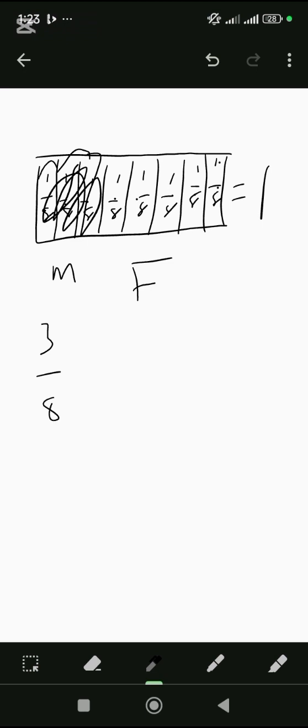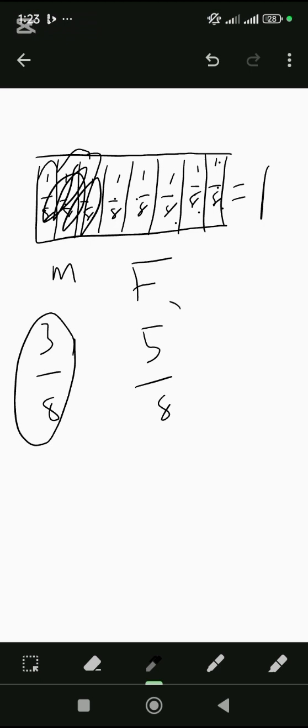The fraction of females that receive the bread will be 5/8, because 3 parts were shaded, so 3 over the total number of parts, and then 5 remaining unshaded parts, 1, 2, 3, 4, 5, divided by the total number of parts. And so this gives you an understanding of what a fraction is.